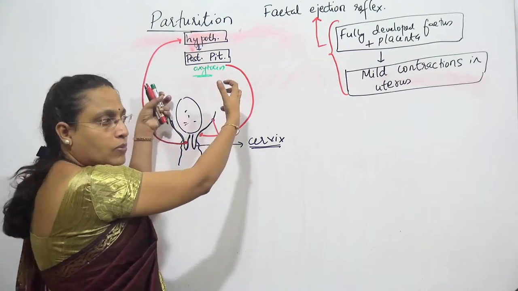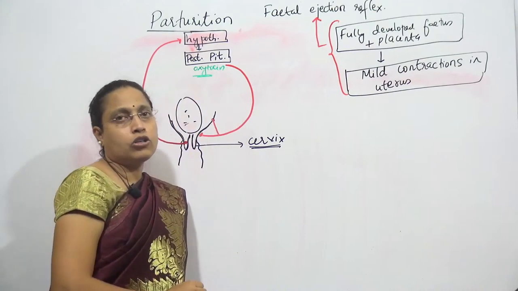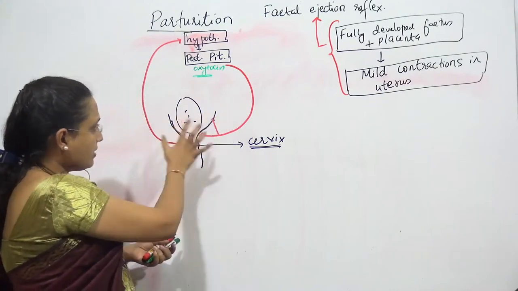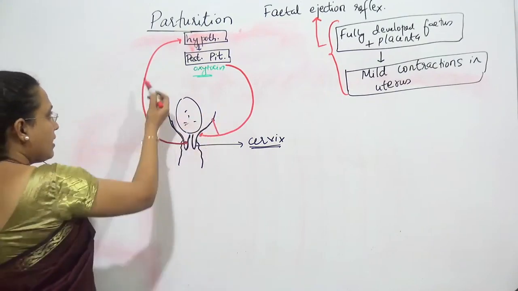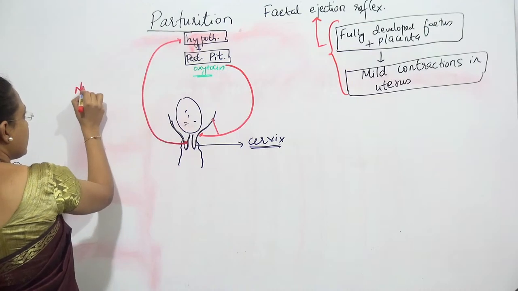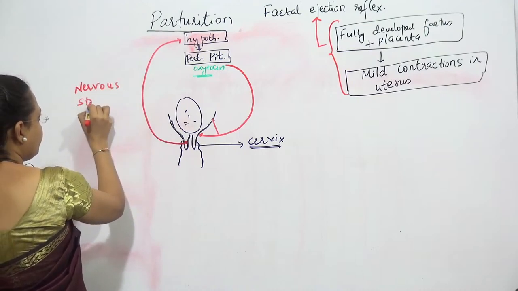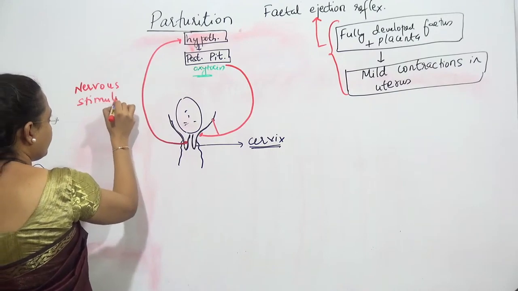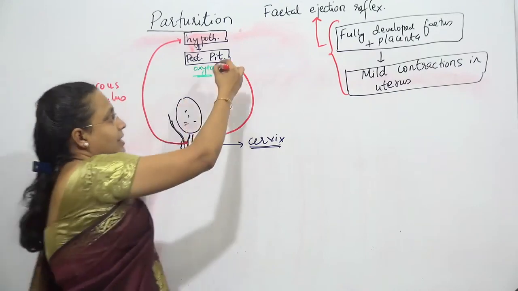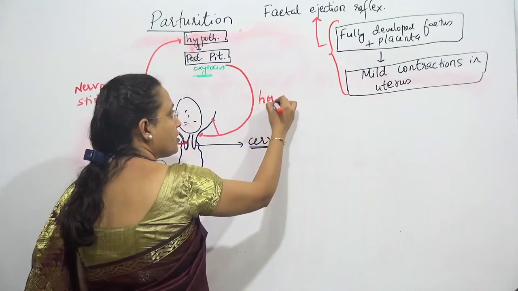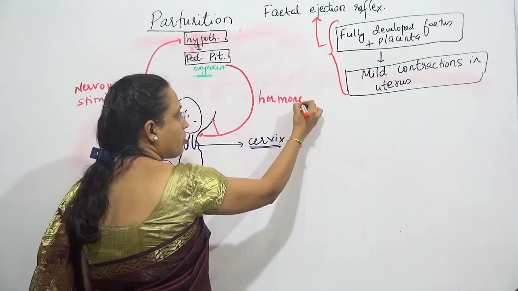Now what do smooth muscles do? They start contracting. That's right. So now here you can see this end is which stimulus? Nervous stimulus. And this part is called hormones. Which is the hormone? Oxytocin.